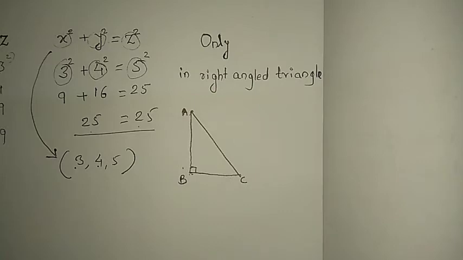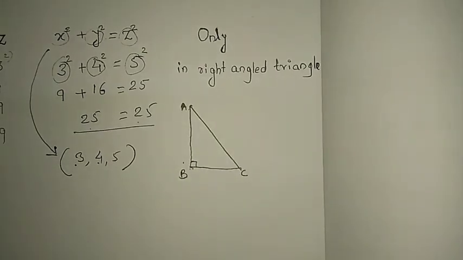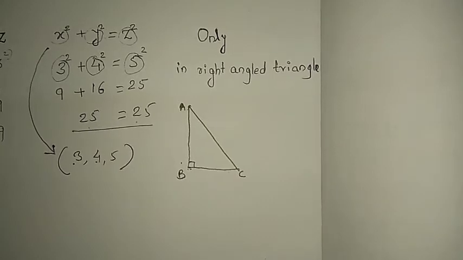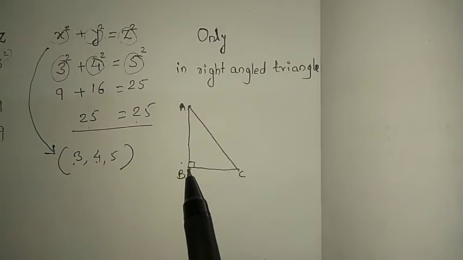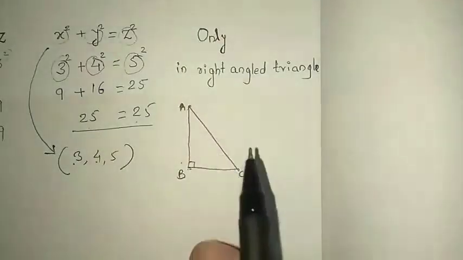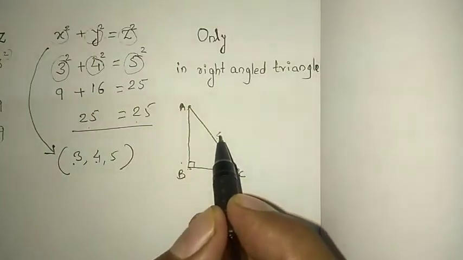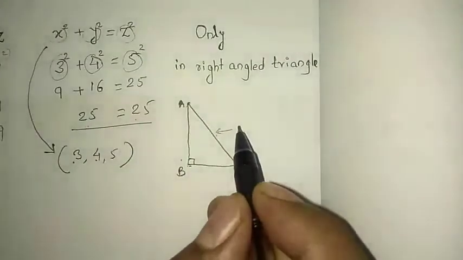Which side is the hypotenuse: AB, BC or AC? Very good. The side opposite to the 90 degree angle is called the hypotenuse. The 90 degree angle is angle B, and the opposite side of it is side AC. So side AC is called the hypotenuse.